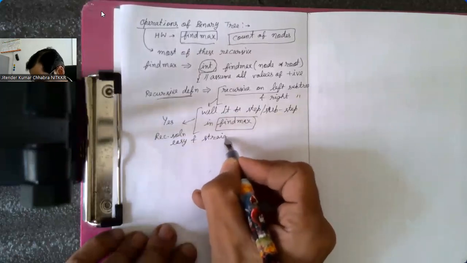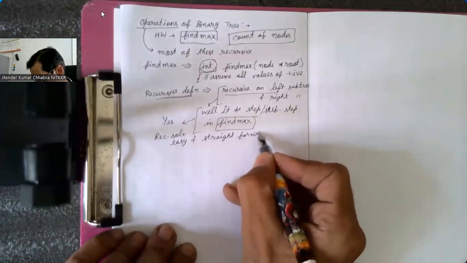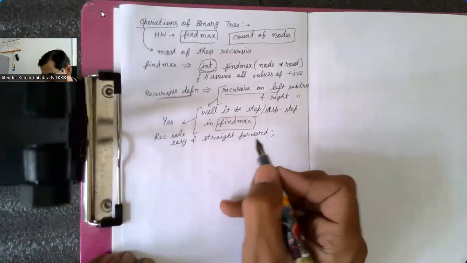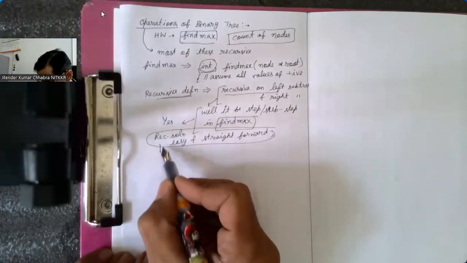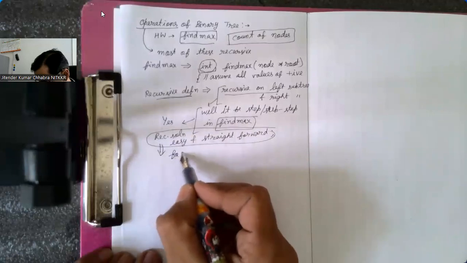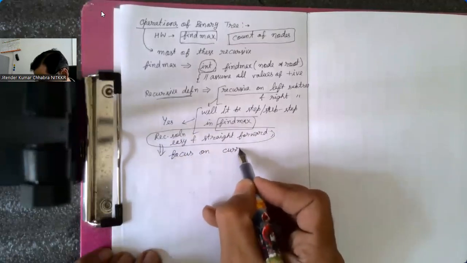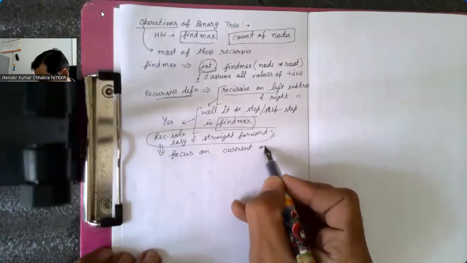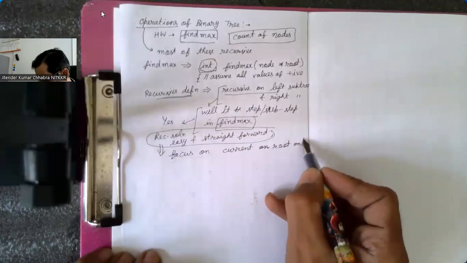If not, then obviously you have to think of something else. If it is possible, this will also mean that the focus will be on the current root only. That will be the advantage of doing this.